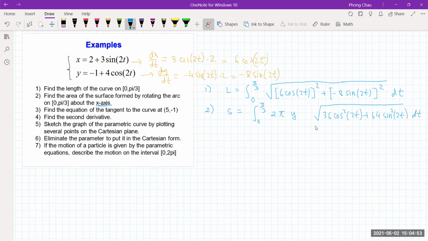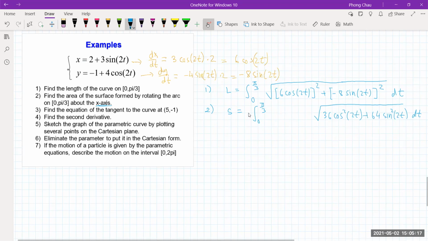But once again, you don't want to leave the y there because the variable is t, so the y is replaced by negative 1 plus 4 cosine 2t, like this.